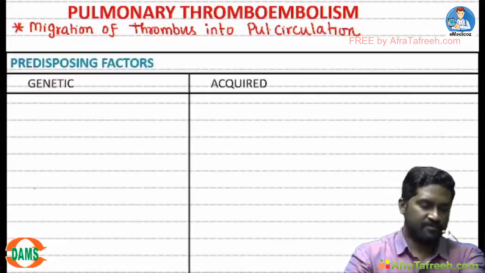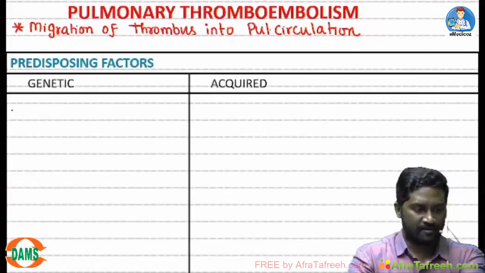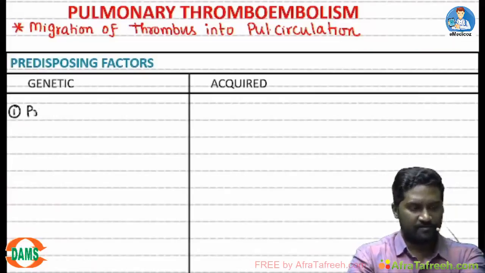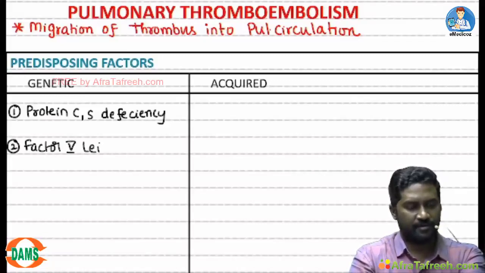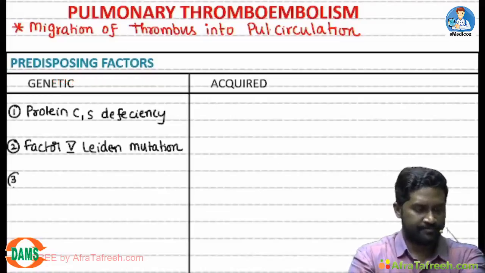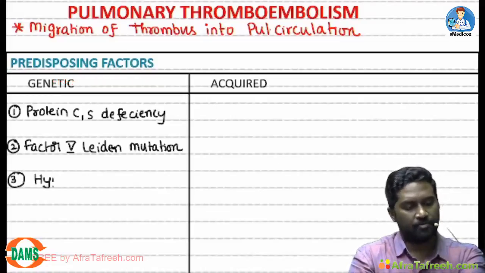What are the predisposing factors? We have genetic factors and acquired factors. Genetic factors such as protein C and S deficiency, factor 5 Leiden mutation, and hyperhomocysteinemia.